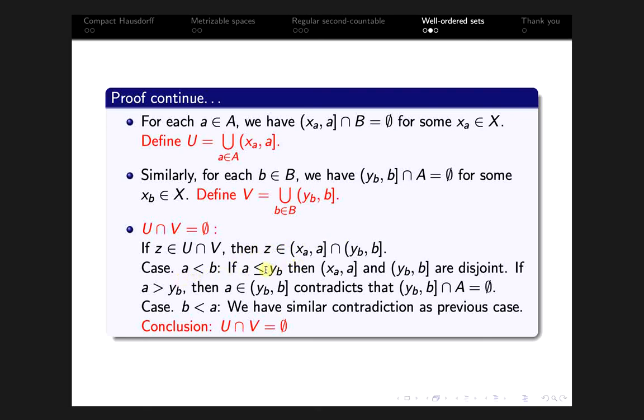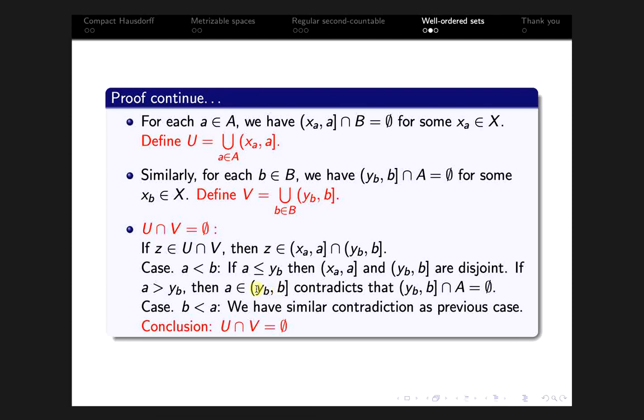Now in the complementary case, if a' is strictly greater than Y(b), so a' cannot be less than or equal to Y(b). Now if a' is strictly greater than Y(b) and a is strictly less than b, then a belongs to this interval.